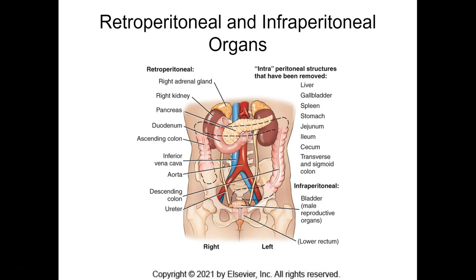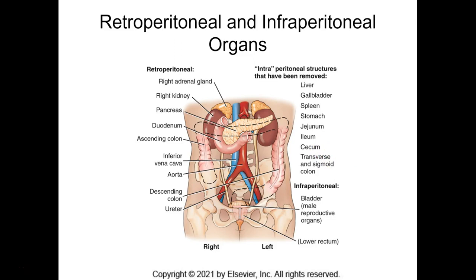Organs in the abdominal cavity that are covered by some type of peritoneum, they're not below or behind the peritoneal cavity, we call them intraperitoneal. Okay, and on this diagram, the intraperitoneal organs have been removed, but you can see them here. Liver, gallbladder, spleen, stomach, jejunum, ileum, cecum, transverse, and sigmoid colon. So all of those organs are within the peritoneal cavity.